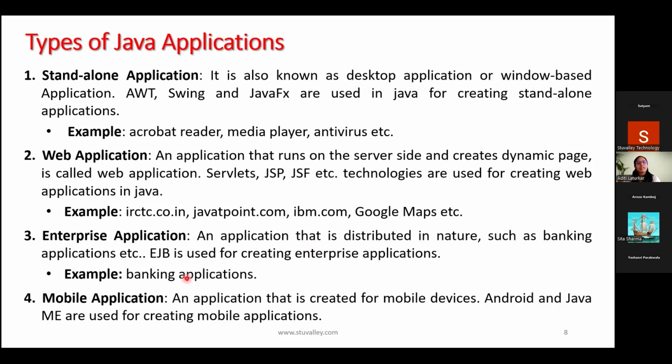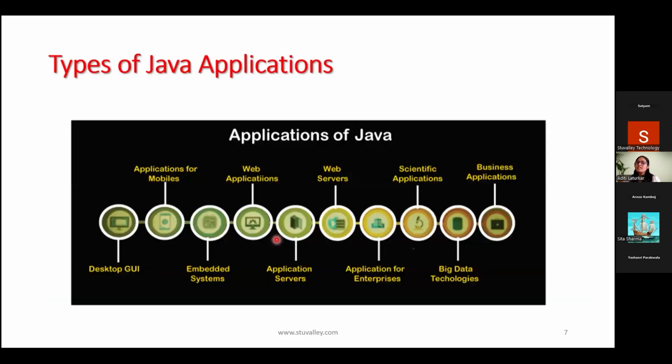You can go to any branch and access your account. This is possible only because of the enterprise application, because it is centralized, distributed in nature, over the internet. So if you are learning Java, then you can go for a path like banking applications. You can work on banking software development also. So this is also one career path.